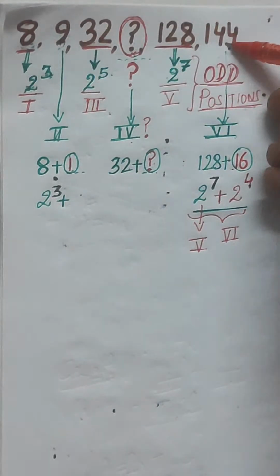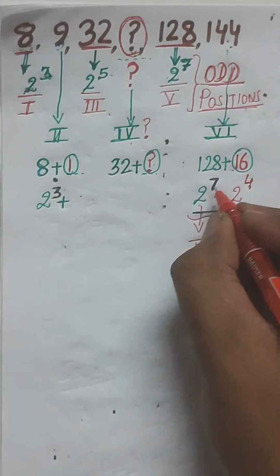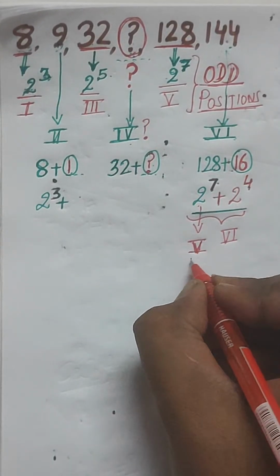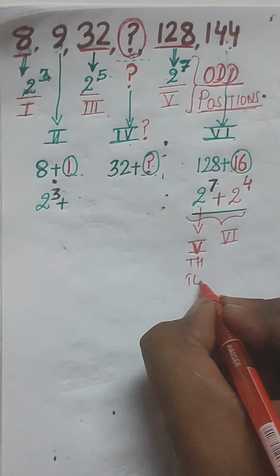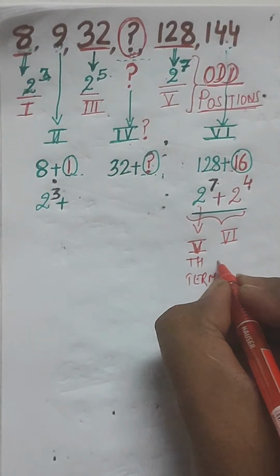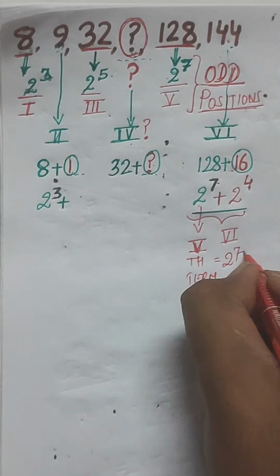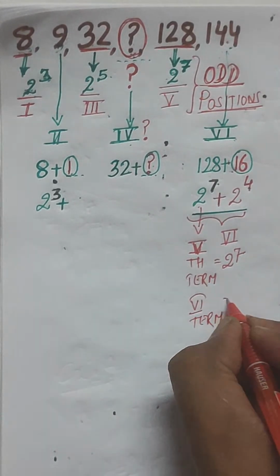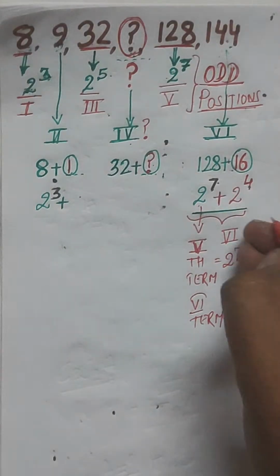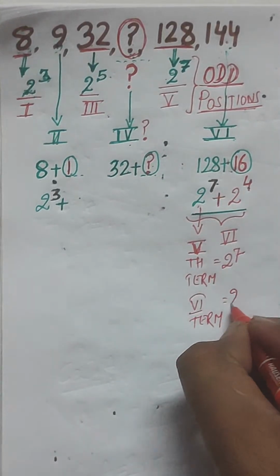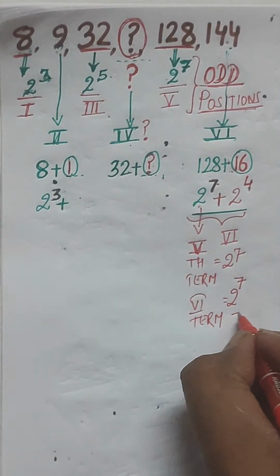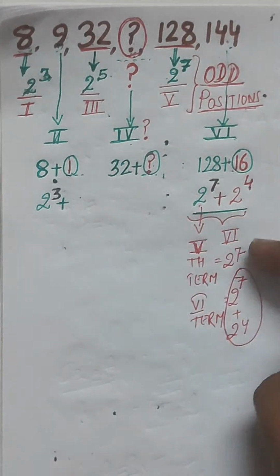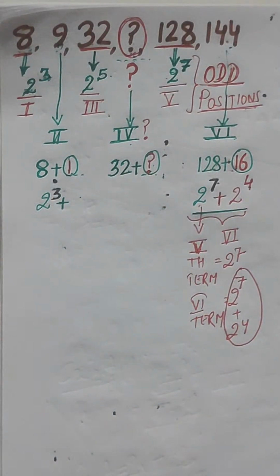So 2 to the power 7 is the fifth term, and the sixth term is equal to 2 to the power 7 plus 2 power 4. I hope you understand this, the same thing which I have written, just to explain it. I have written it again.